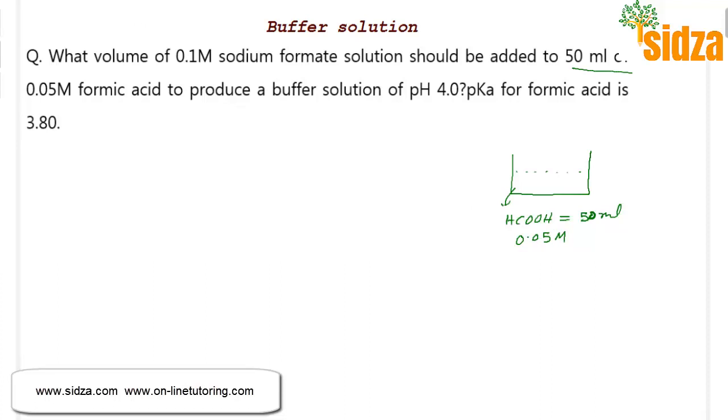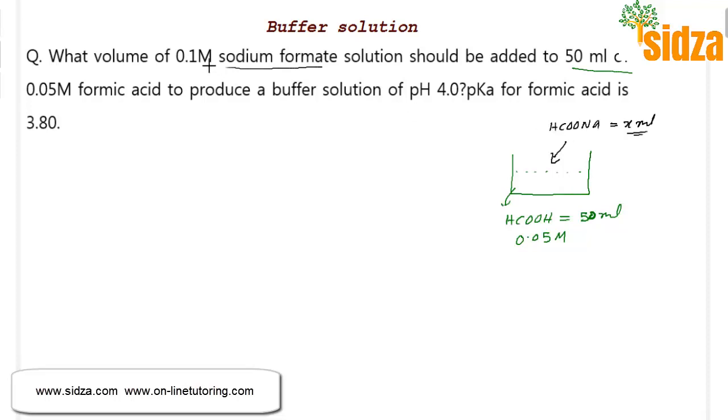The question is how many mLs of the sodium formate, HCOONa, we have to add. Let's say this is X mLs. We're going to add X mLs of the sodium formate to the 50 mLs of the 0.05 molar solution.